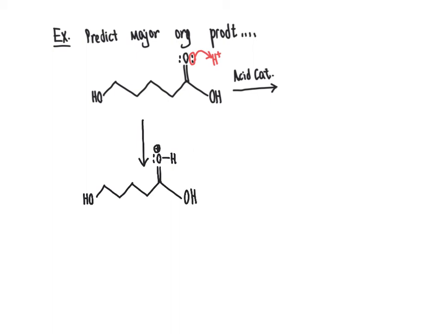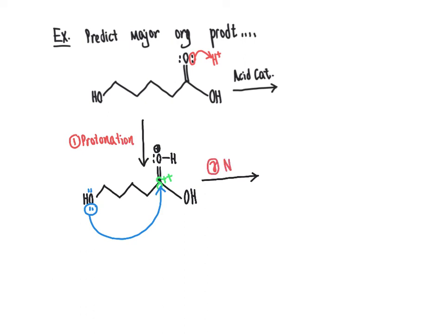And then at that point, this carbonyl carbon that I'm labeling in green is super positively polarized. And as a result, the alcohol group that's present within that same molecule, with its lone pair electrons in blue, is going to come around and attack intramolecularly that carbonyl carbon. And so what happens here is first, protonation, always the first step when we have a strong acid present as a catalyst.